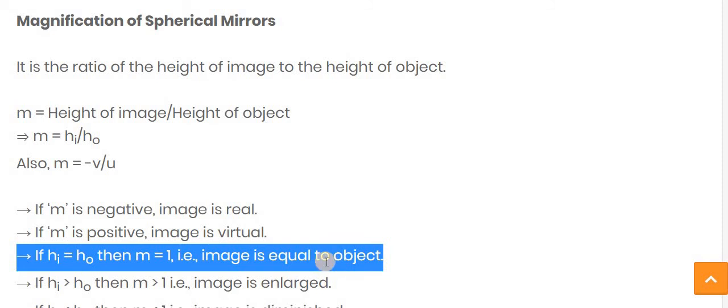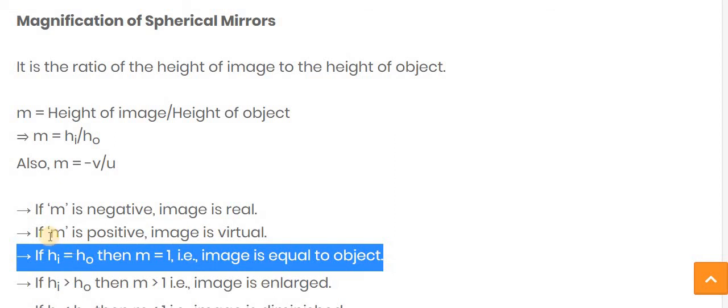Then we have to remember in which case we get the image same as the object, and if asked where the object is kept so we get the equal size image, then the answer is C. Only in one condition we get the same size image, that is at C. If we keep our object at C, the center of curvature, in that condition we get an equal size image.